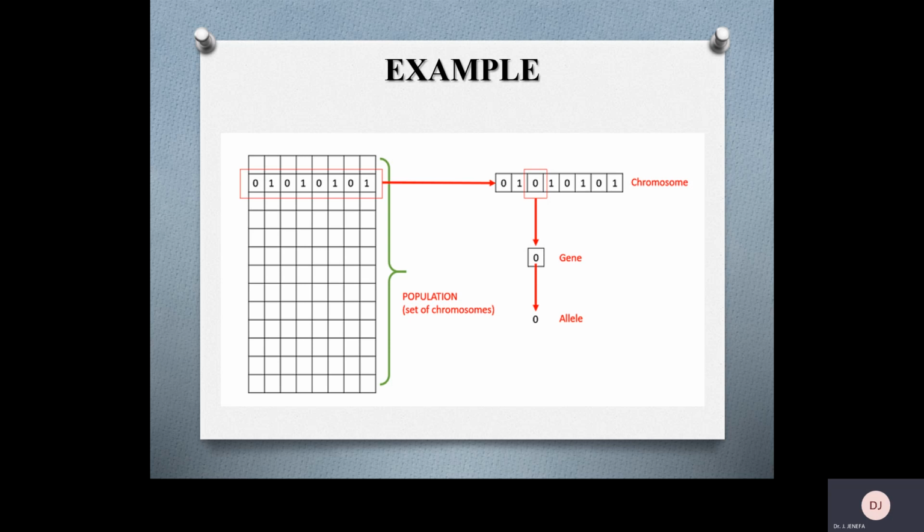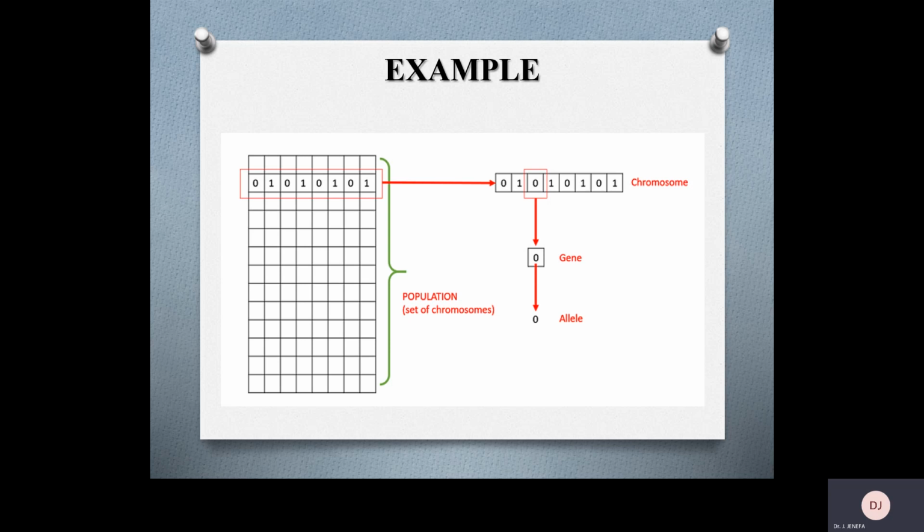In each solution we may have different element positions, so those positions are known as genes, and a gene may take any value, that particular value is known as allele. So these are the basic terms which are used in genetic algorithm: population, chromosome, gene, alleles.